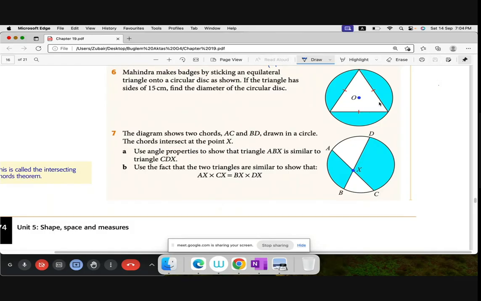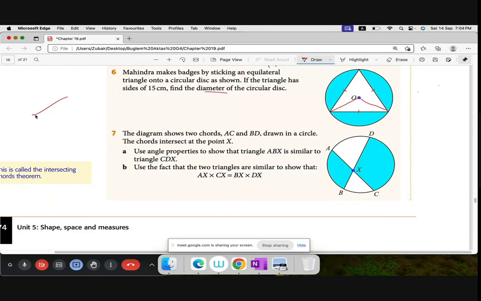Would you share how you're trying this? I was separating the triangle into three different isosceles triangles. Very good, and then trying to find it from that. So we needed to find the diameter.